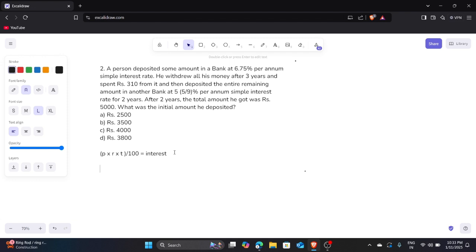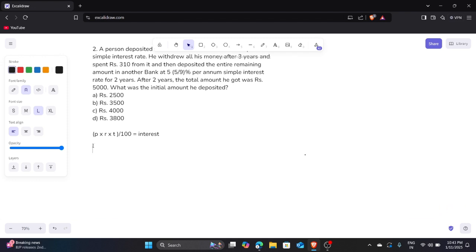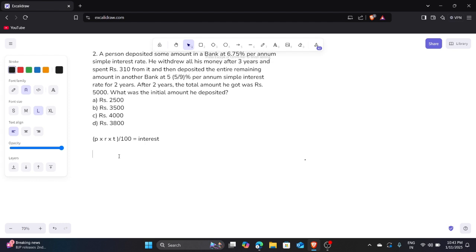Now we have to go step by step. This is the question, and I tried with some direct method, but they are not working, so we go through everything step by step. So first, let us consider some amount P, multiplied by the rate, which is 6.75, and then the time would be 3, all divided by 100.